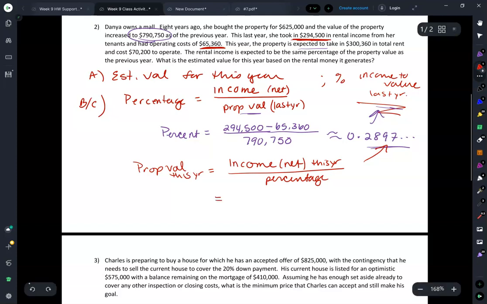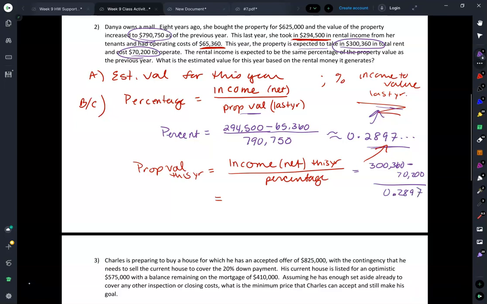So in order to do that, we just need to look at what we're given here. She's expected to take in $300,360, and the cost will be $70,200, and we're going to divide that by the percentage here, 0.2897, and you'll come up with a value there.